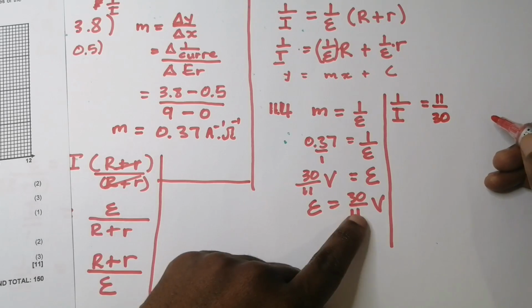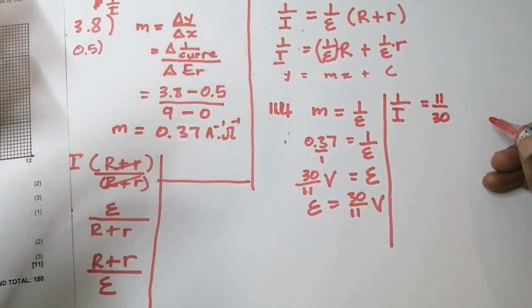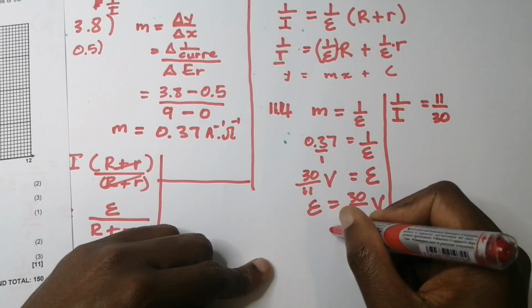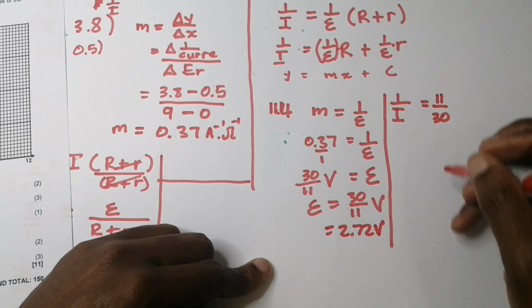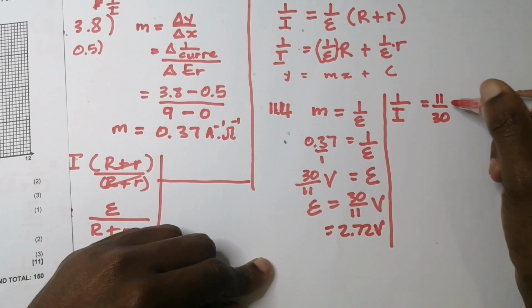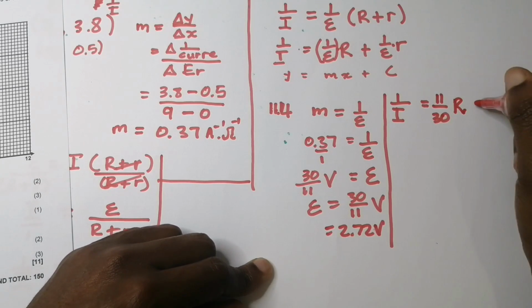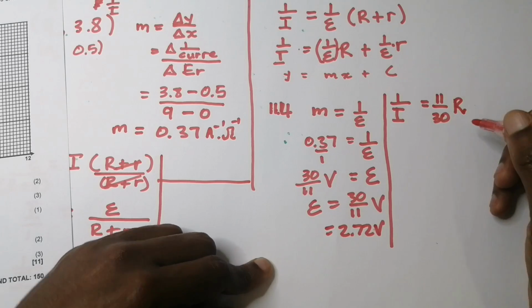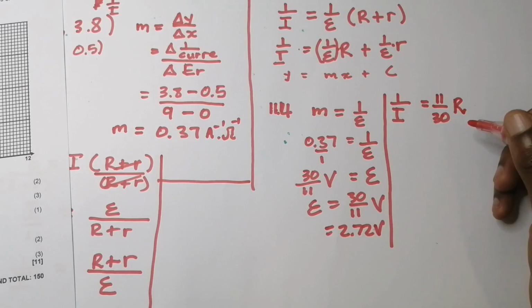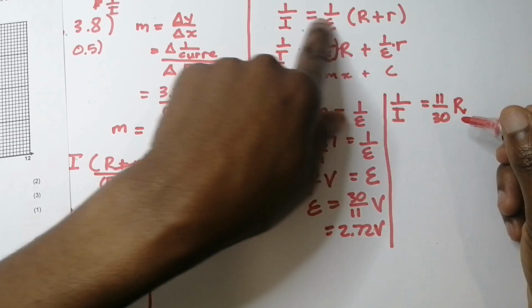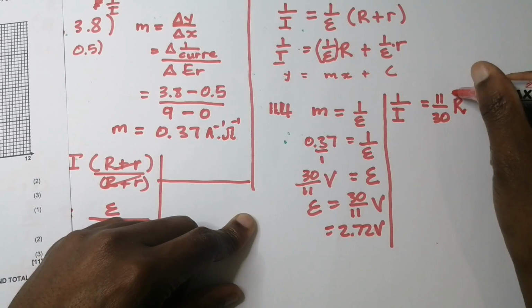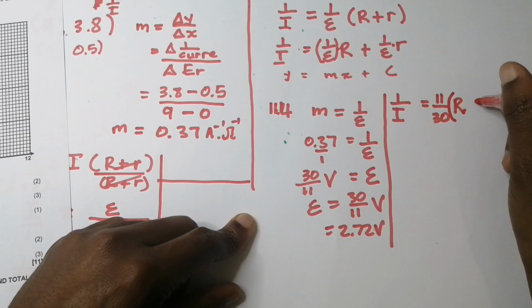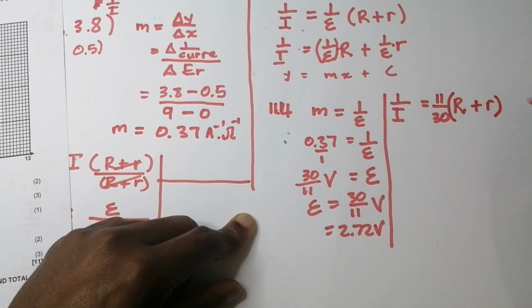Remember that's why we got 30 over 11. You can say this is 2.72 volts if you want to. In fact, let me rather take the simplified form: it's 11 over 30 R, plus that small r over there.